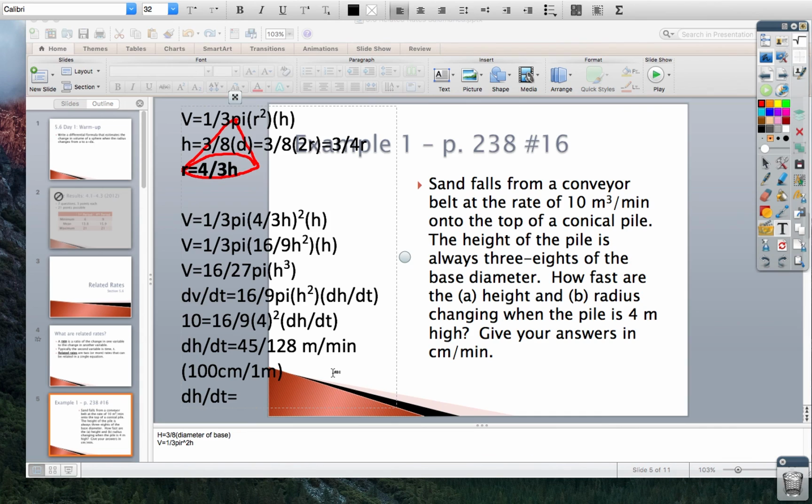Oh, my apologies, this is 45/128 pi. And then dh/dt is going to be equal to 1125 divided by 32 pi, which is approximately 11.19 centimeters per minute.